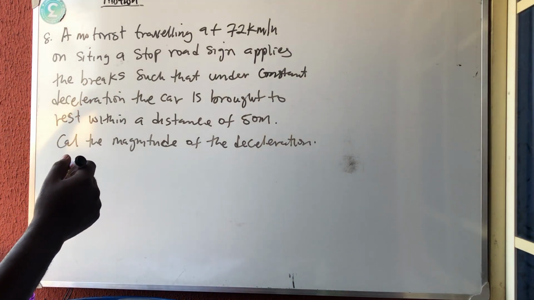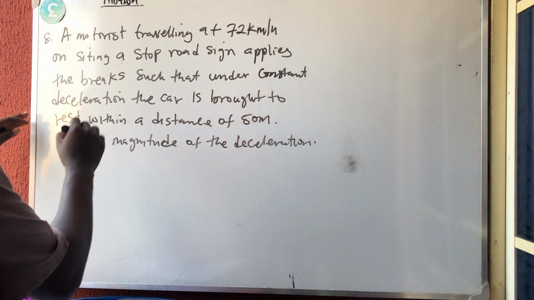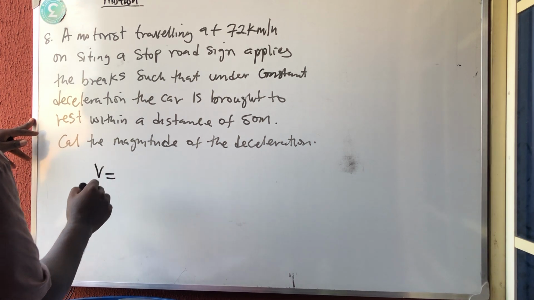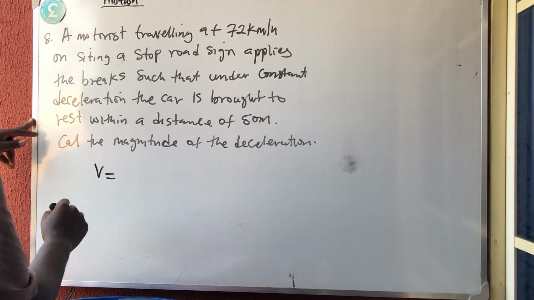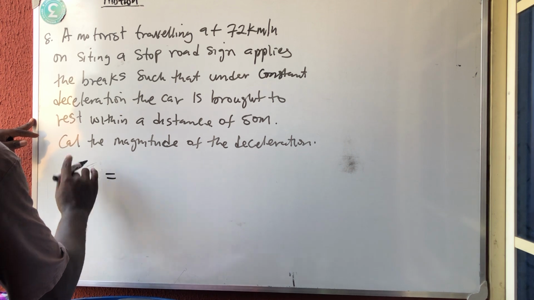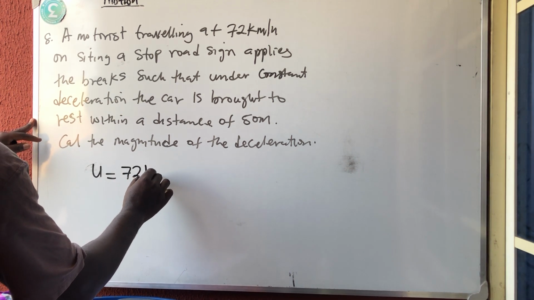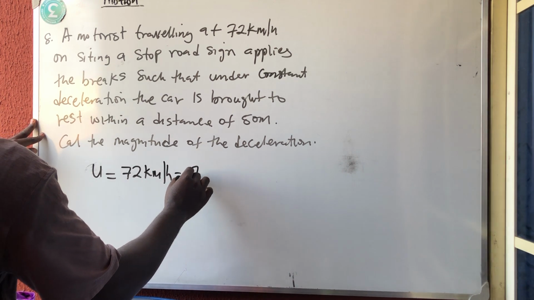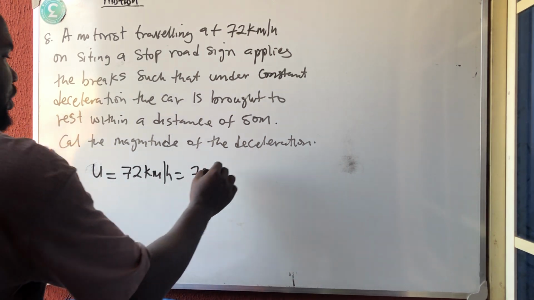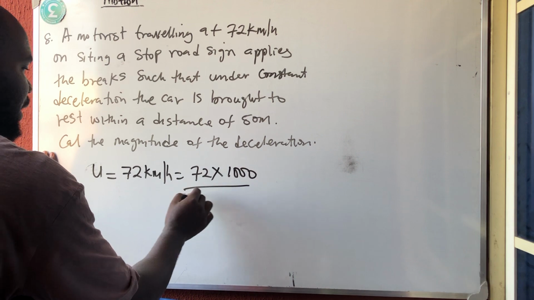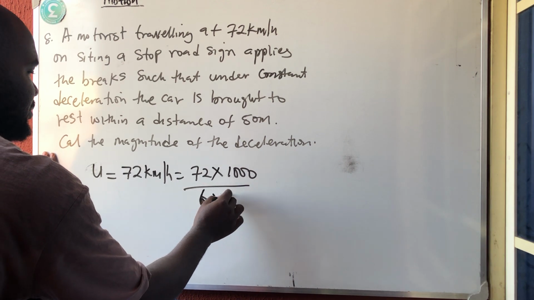It's very, very simple. The initial velocity he used is 72 km per hour, which is 72 times 1000 because of kilo, divided by 60 times 60.